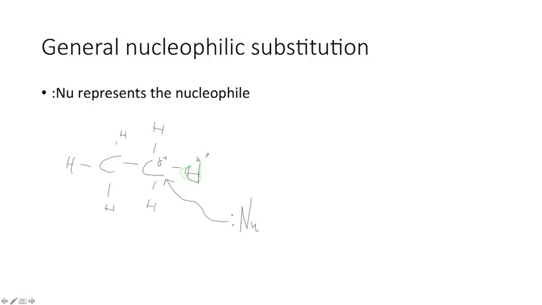There's a dipole here, making this delta positive, and therefore we will get this bond popped as such, and that will be substituted on to form our product, which has got rid of this Cl group, for example, and replaced it with our nucleophile.